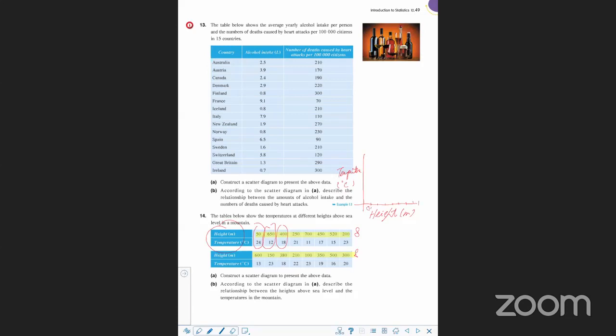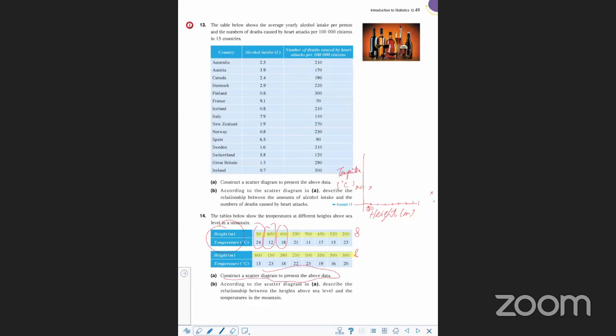For example, this is 50, that means 50 and then 24. And then 650, maybe somewhere here, 12. And then you get another point like that. Then this is to construct the scatter diagram to present the above data.